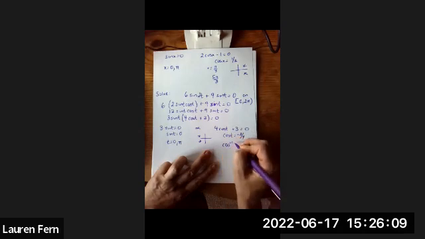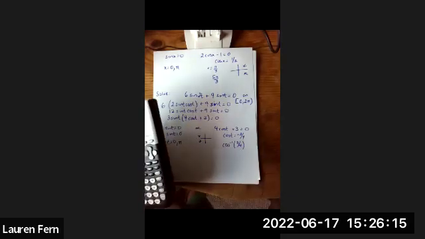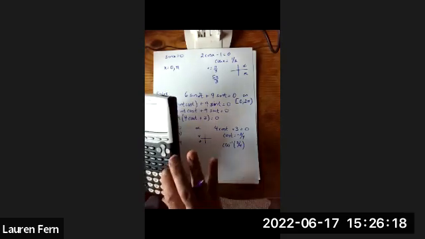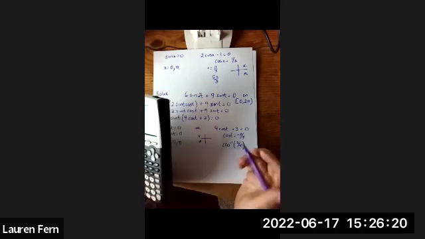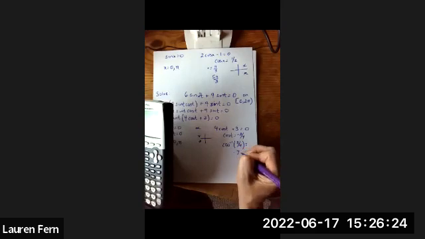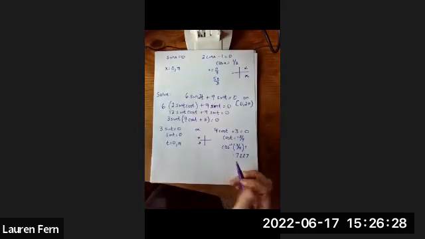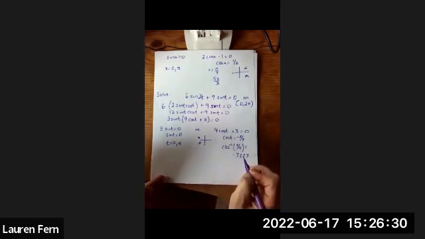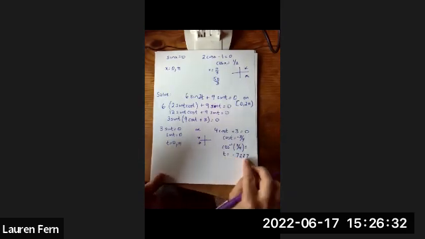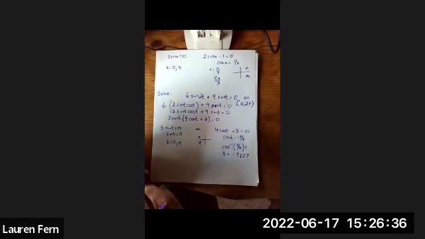So what we want to do is find the cosine inverse of 3/4. So literally, I'm using my calculator. The inverse cosine of 3/4 is about 0.7227. So again, this is my first quadrant angle. I need to get my second and my third quadrant.